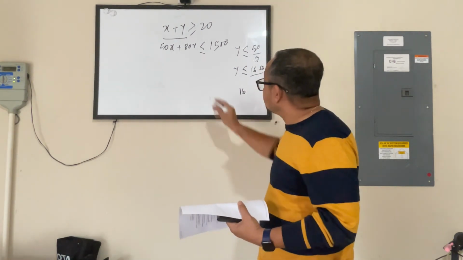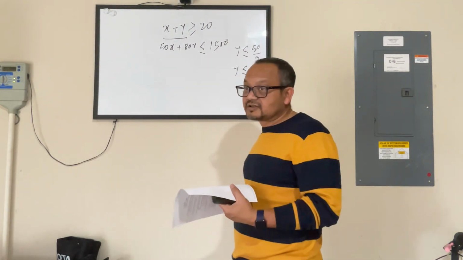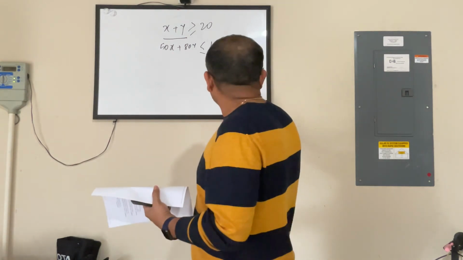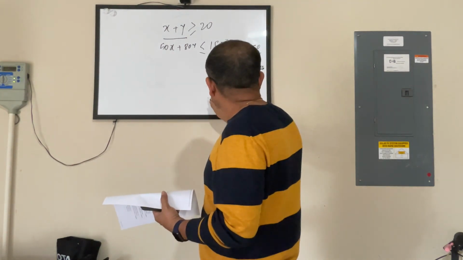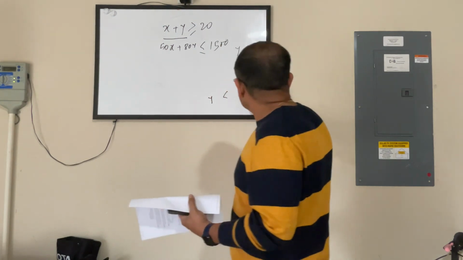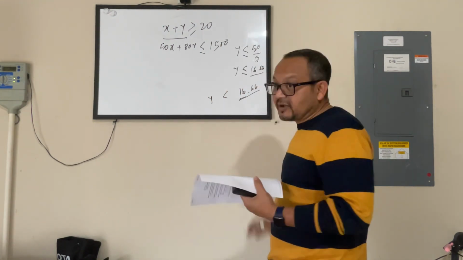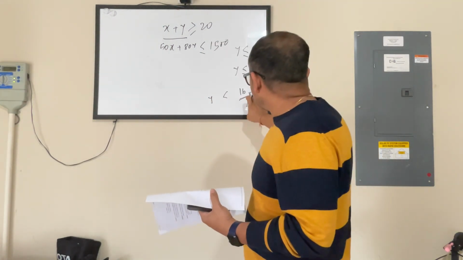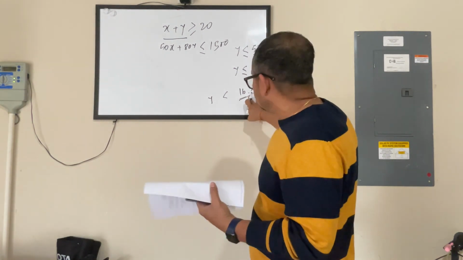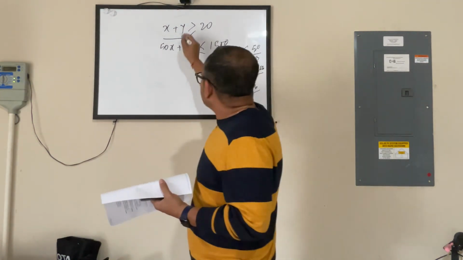Let's put that value 16 here and see what happens. Any value less than 16.66 might be suitable for this one.